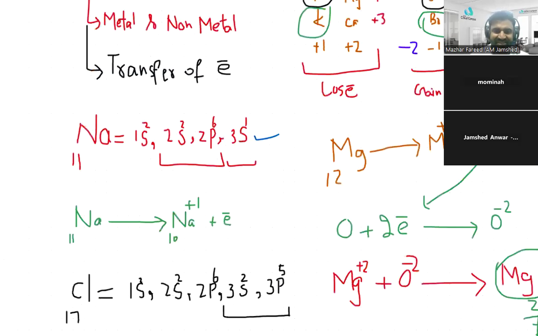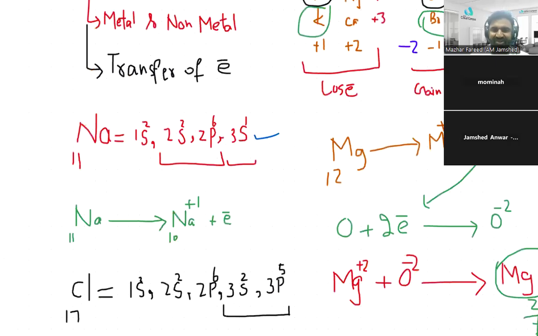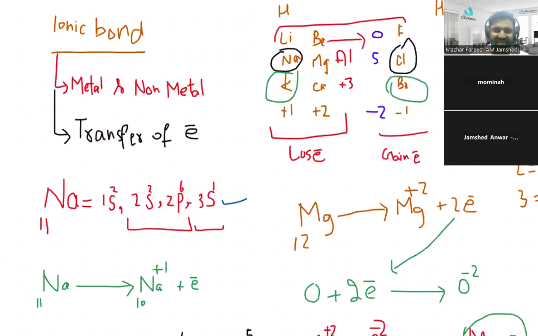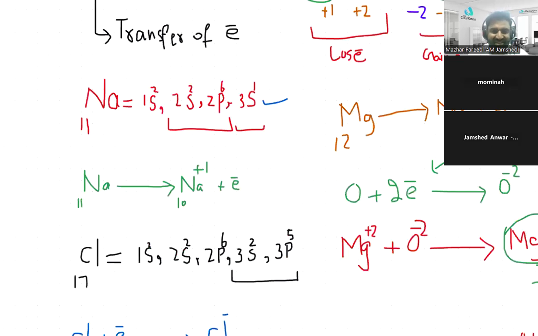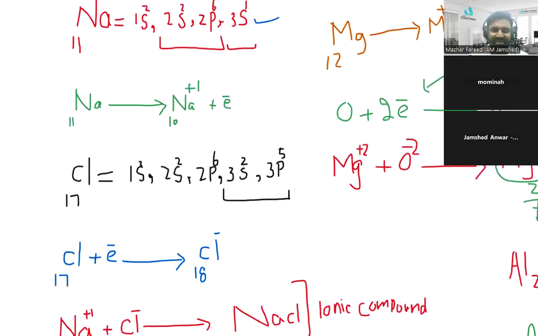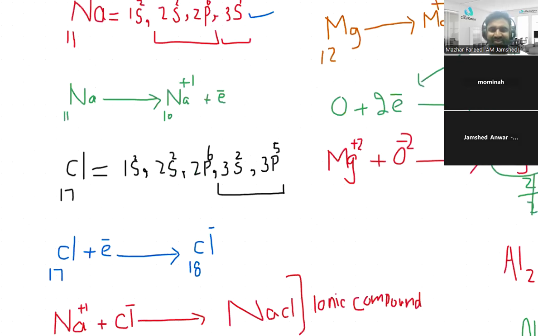So we have to check the example of sodium and chlorine. Sodium has the ability to lose one electron that is present in its valence shell. When it loses its electron from the valence shell, it becomes stable. Chlorine has the ability to gain one electron because in the valence shell there are 7 electrons.